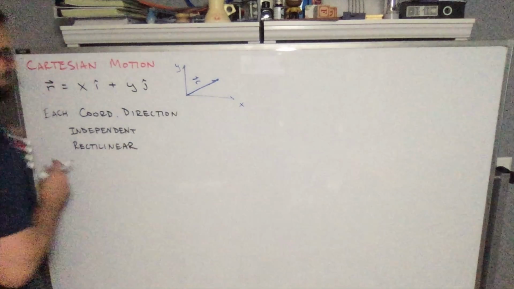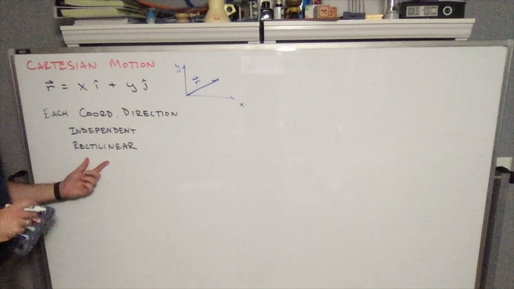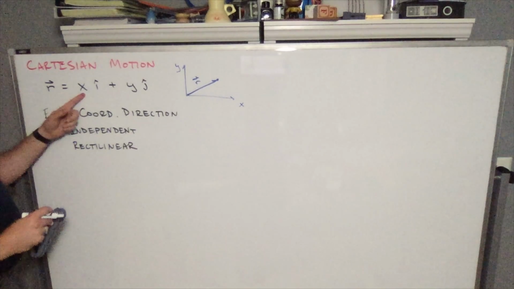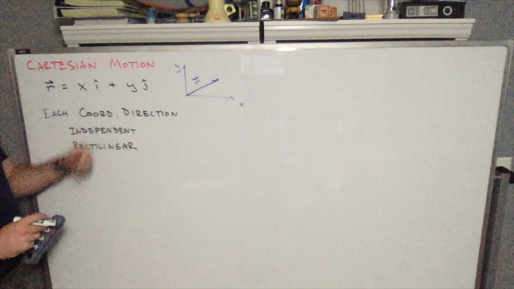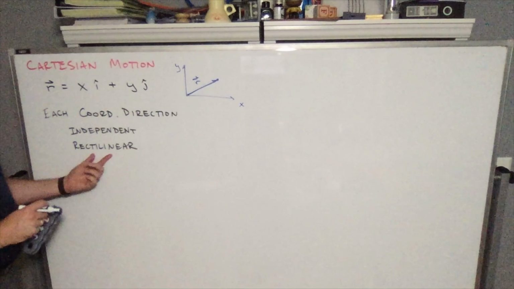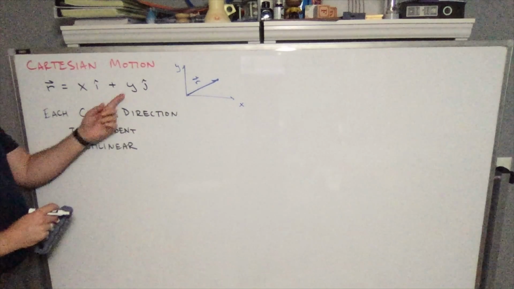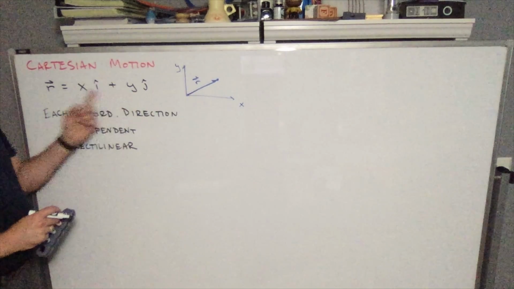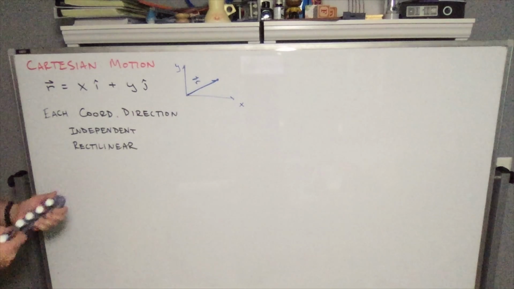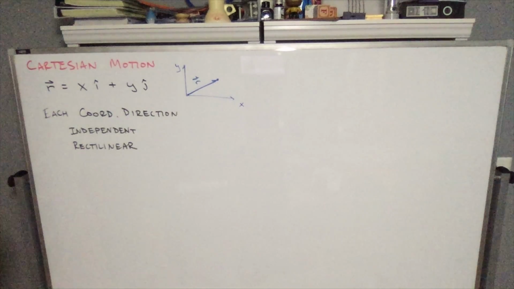So what that means is that I could use my rectilinear motion knowledge to analyze the x component and not worry about the y component. Then I can use my rectilinear kinematic property equations to analyze the y without worrying about the x. And so this becomes a fantastic tool.